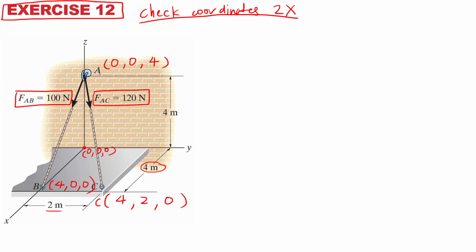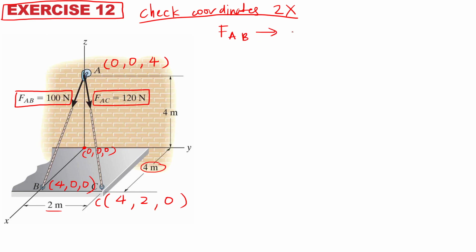So check again. Coordinate A, 0, 0, 4, correct. Coordinate B, 4, 0, 0, correct. Coordinate C, X is 4, Y is 2, and Z is 0. So correct.